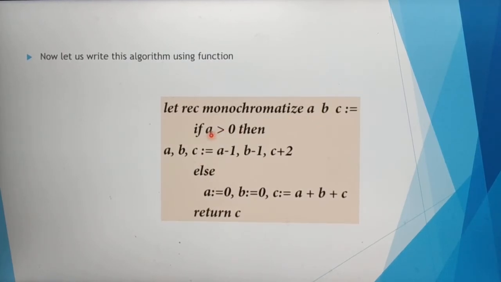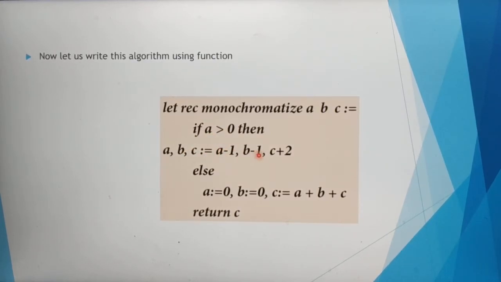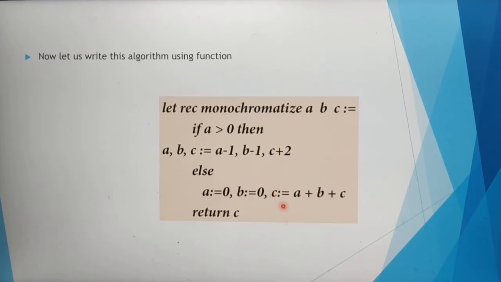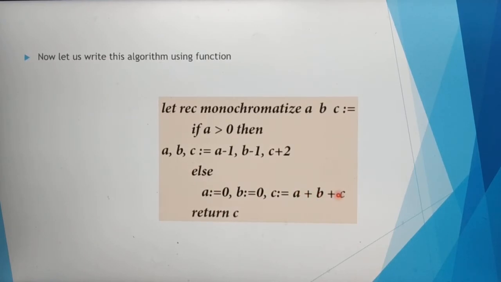Here if A greater than 0, if the condition is true, one chameleon will reduce from A and another will reduce from B. At the same time, two chameleons will increase in C type. When the condition becomes false, else A and B will become 0 and C will become the total number A plus B plus C. All the chameleons will become the same type.